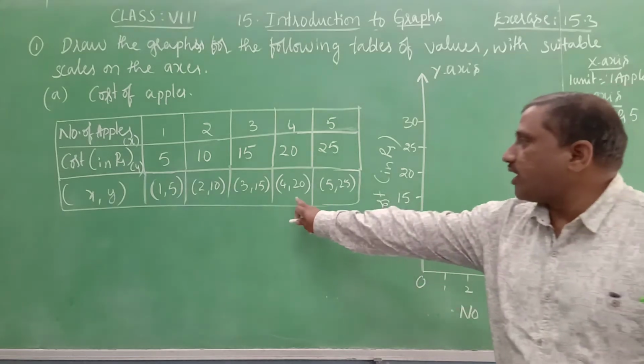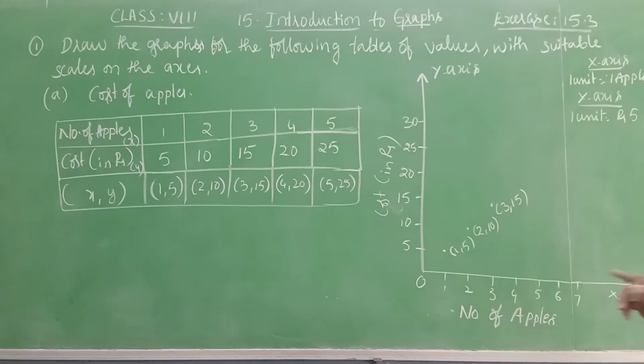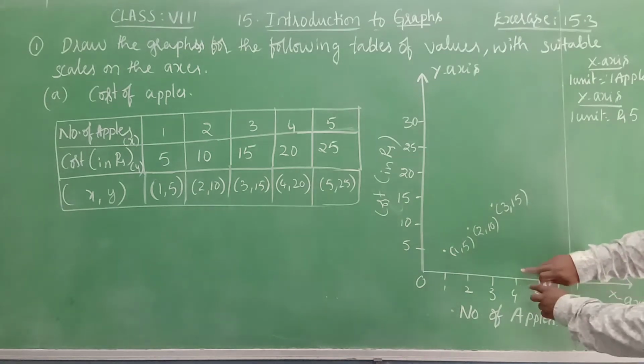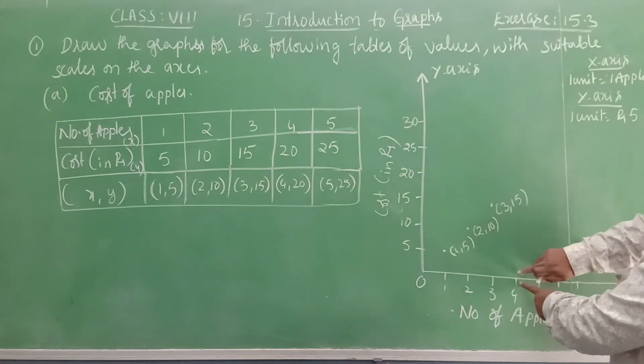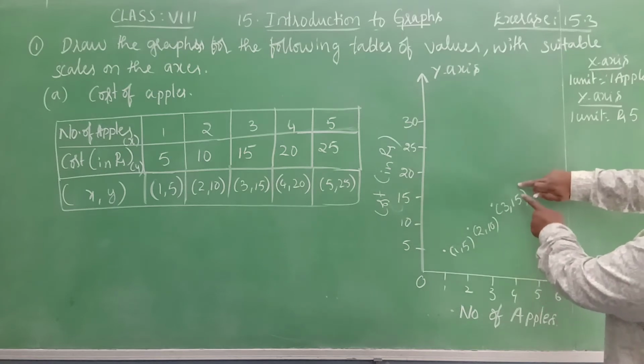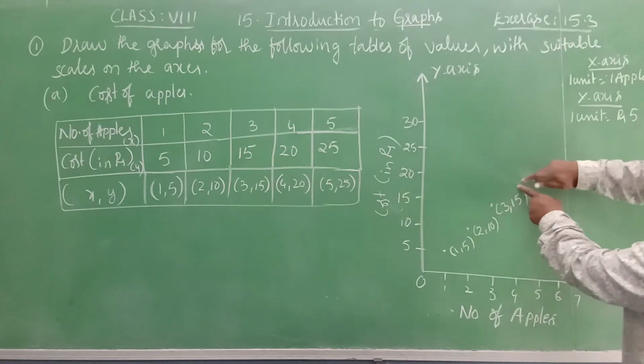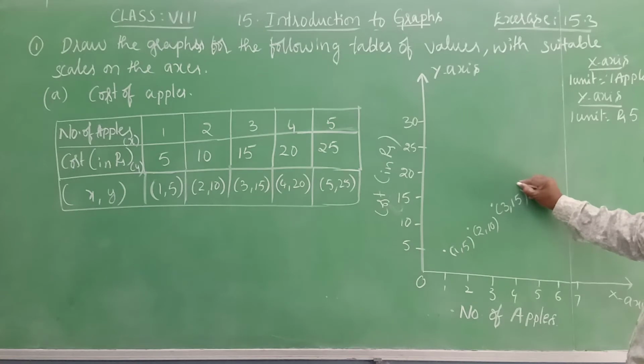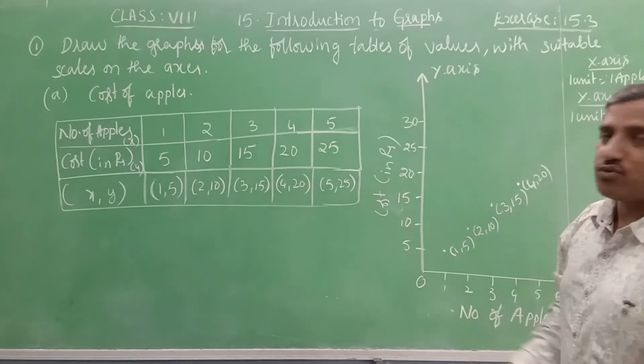Then the fourth point is 4, 20. X is equal to 4 and y is equal to 20. We will get it like this. So this point is 4, 20. Then the last point is 5, 25.